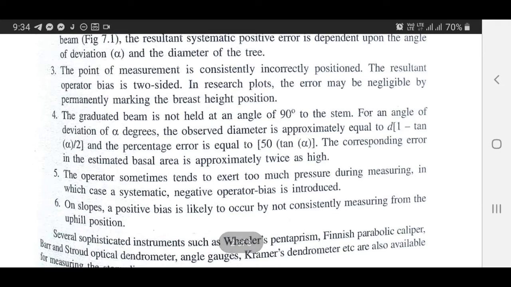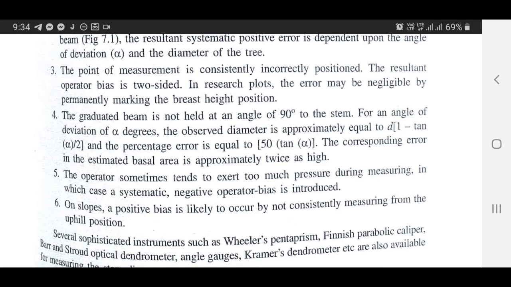The graduated beam is not held at an angle of 90 degree to the stem. For an angle of deviation of alpha degrees, the observed diameter is approximately equal to D times 1 minus tan alpha upon 2, and the percentage error is equal to 50 tan alpha.